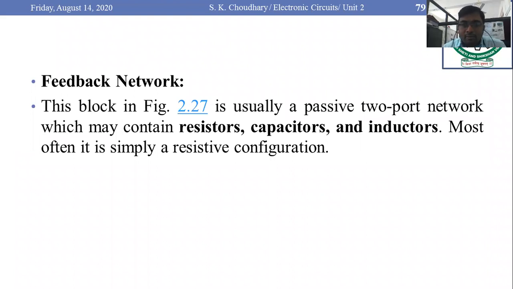Passive devices are what? Resistor, capacitor, inductor. Whatever discussion we perform in this chapter, we will restrict our feedback network to the resistor only for the negative feedback. So in most cases we use the resistive configuration.